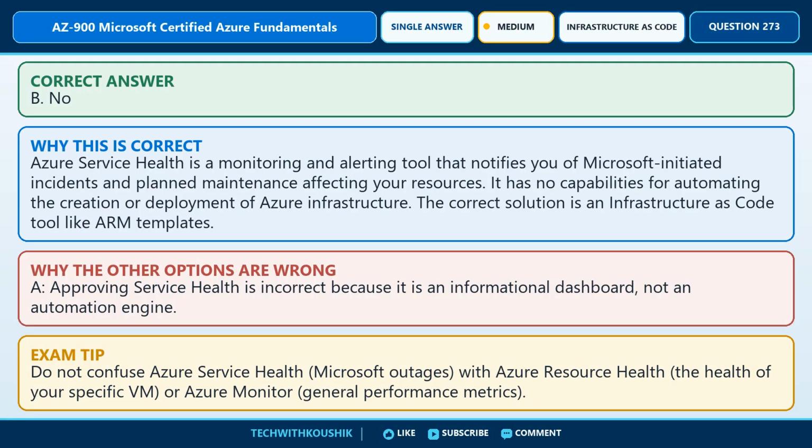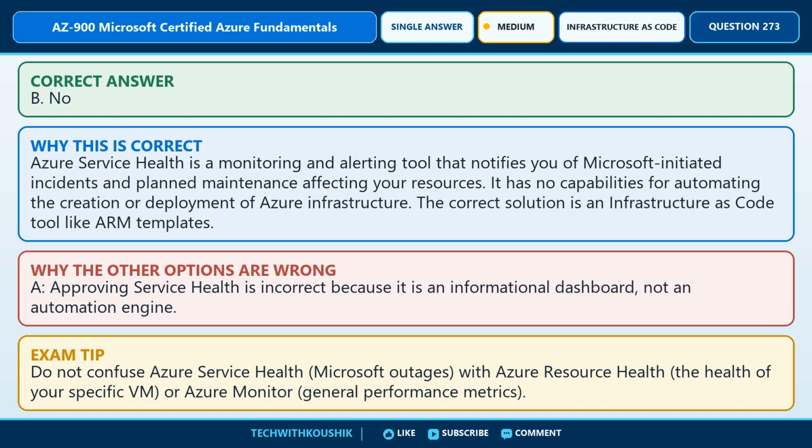Go with option B, no. Let's look at the reasoning. Azure Service Health is a monitoring and alerting tool that notifies you of Microsoft-initiated incidents and planned maintenance affecting your resources. It has no capabilities for automating the creation or deployment of Azure infrastructure. The correct solution is an infrastructure as code tool like ARM templates.